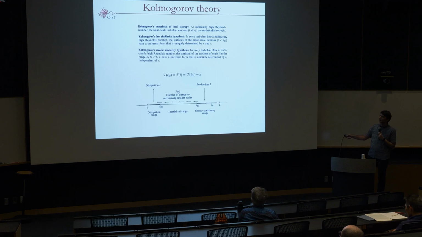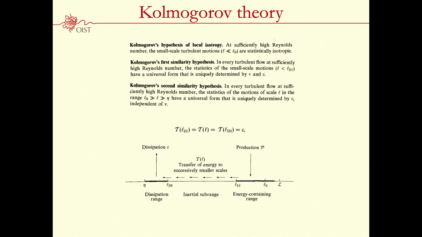Then energy is transferred through scales by this continuous breakup of eddies to smaller and smaller sizes. An important outcome of his theory is that this transfer of energy goes at a constant rate. And then finally, this is called the inertial subrange. And finally, at the smallest scale, where viscosity starts to matter, energy is dissipated, and that's called the dissipation range.